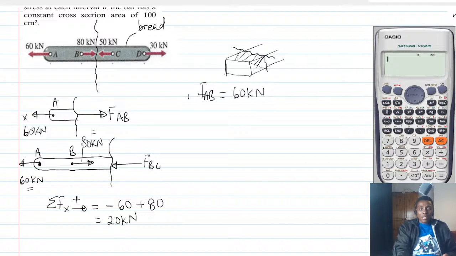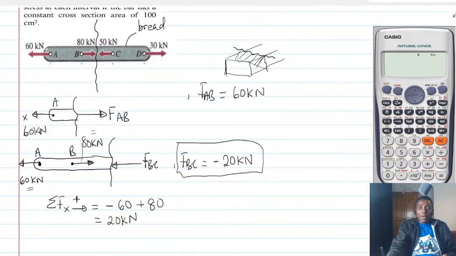So FBC. All we are trying to say is that if FBC is minus 20 kilonewtons, then the whole of this will be in equilibrium. Alright? So that's all we are trying to say. I hope the concept is clear. So FBC is minus 20. So now we know FAB, and then also we know FBC, right?